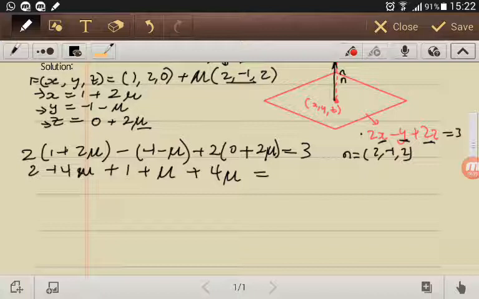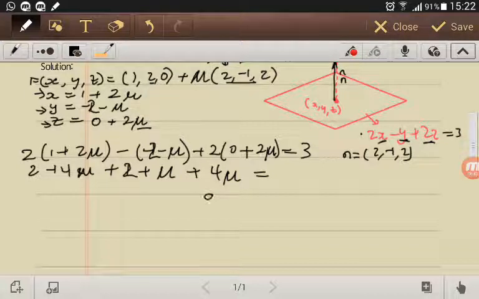Sorry, this is supposed to be 2, because we have the 2 there, right? So this is a 2. From there we're going to sum up everything.